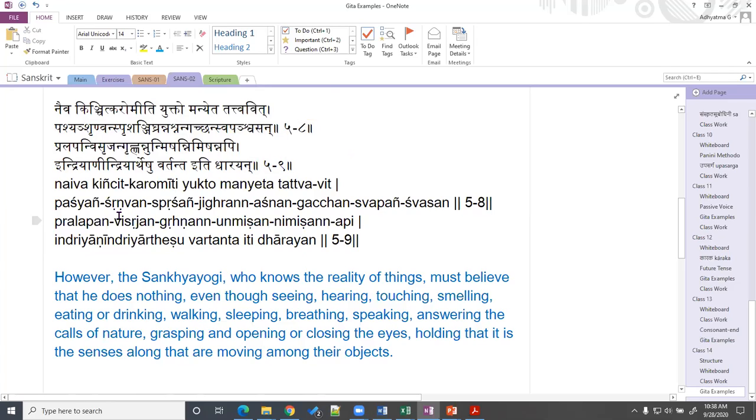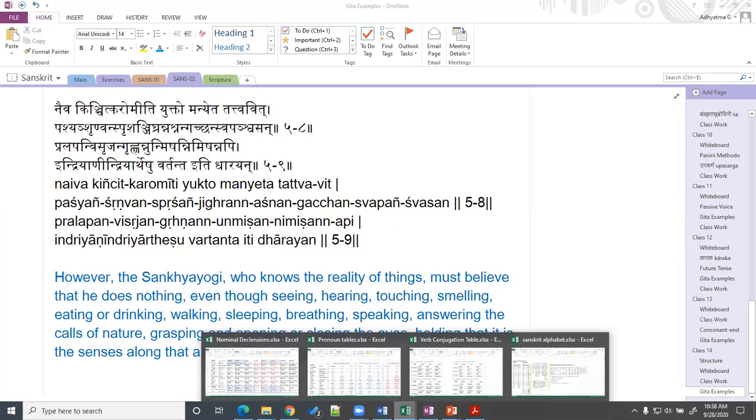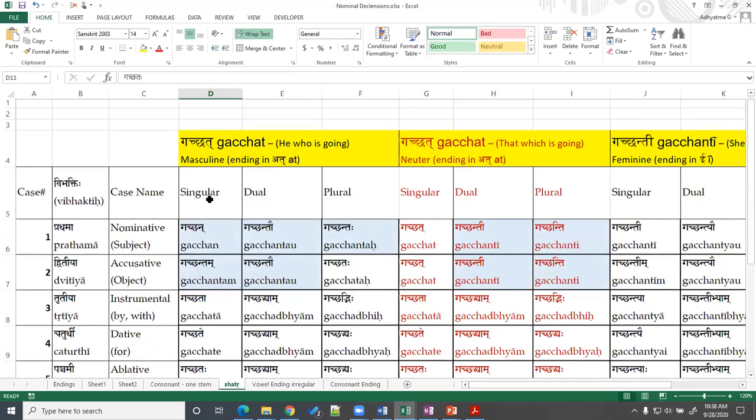But if you know the participle forms, you can actually split them. Pashyan, Shrunvan, Sprushan, Jigran, Ashnan, Gachan, Swapan, Shoshan, Pralapan, Visrujan, Grunanan, Unmishan, Nimishan. This is just a series of nominative singular of the present participle.